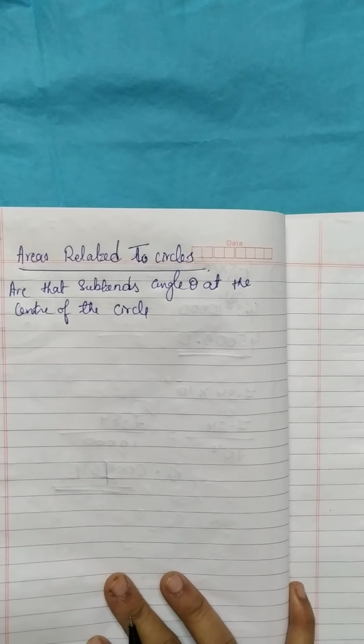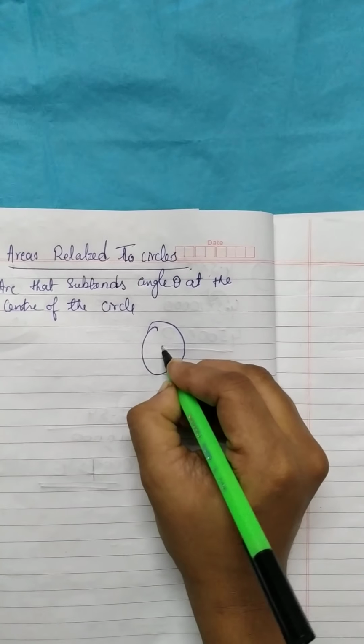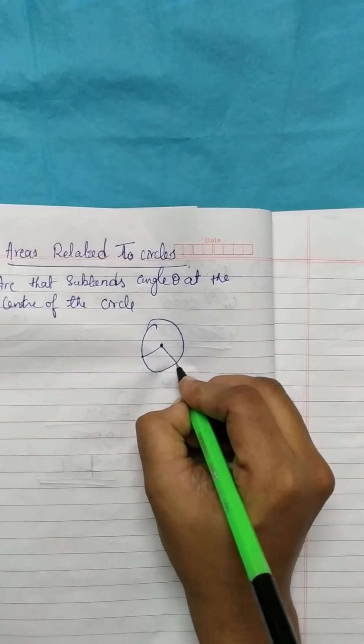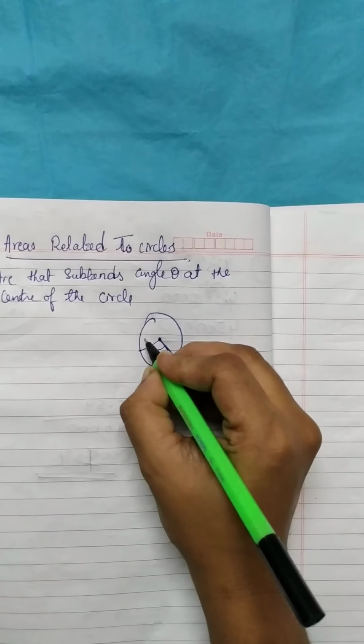So the formula is: if this is a circle and the center of the circle is O, these two are the radius, and this is theta, the arc is there.